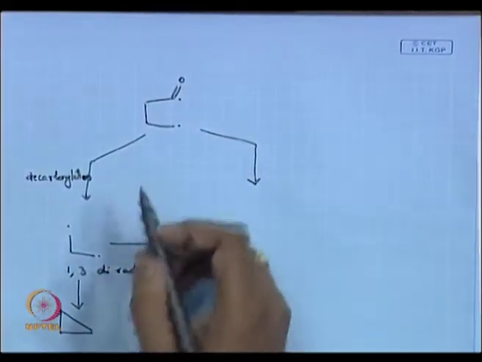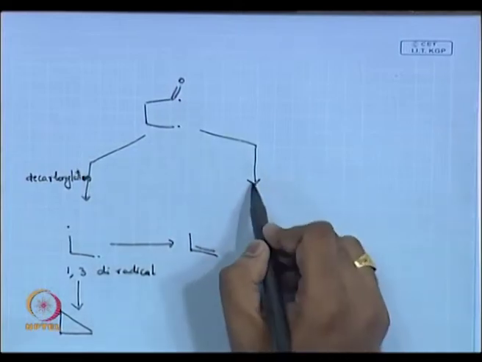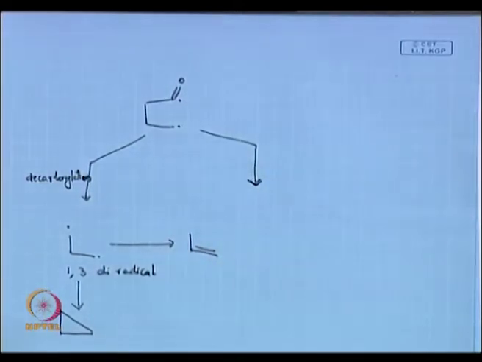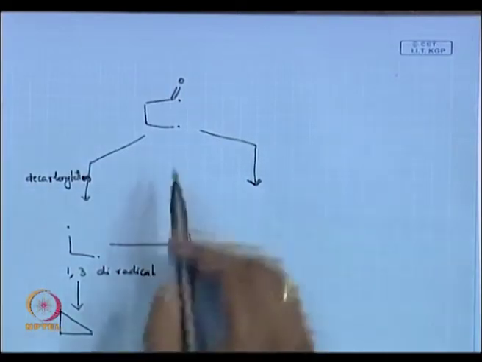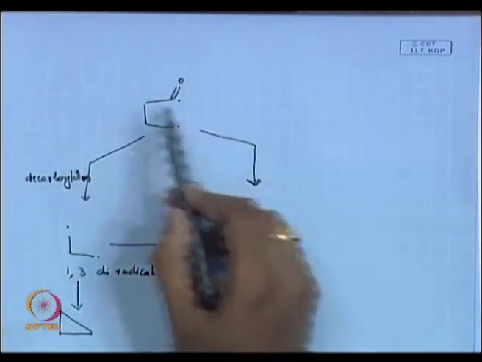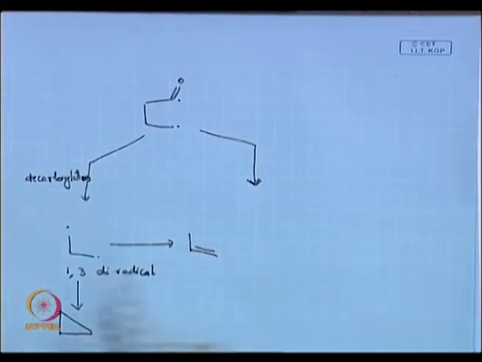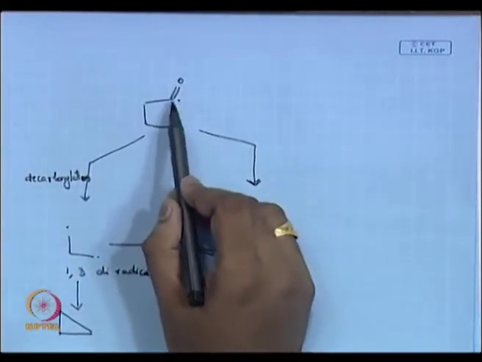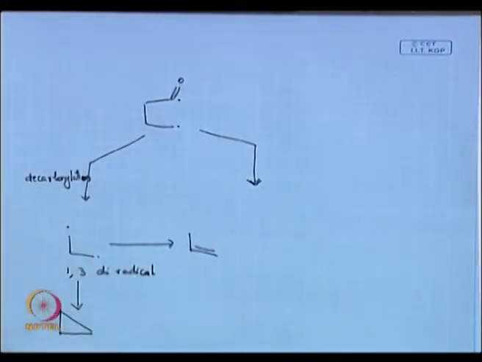Any idea what secondary process this molecule can do? Anything interesting which this particular radical can do? It is a type of 1,4 diradical, right? 1, 2, 3, 4, a 1,4 diradical. We have studied 1,4 diradicals. It can do beta cleavage.